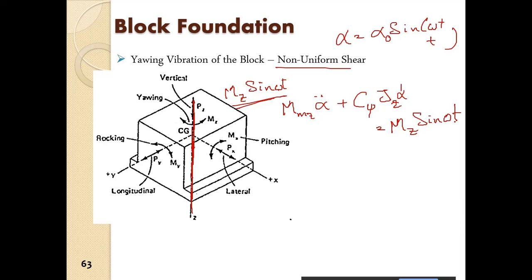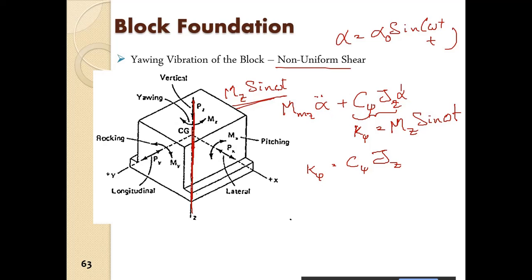So here we can directly see that this is equivalent to k psi. So k psi is equal to c psi into the polar moment of inertia about the z-axis.